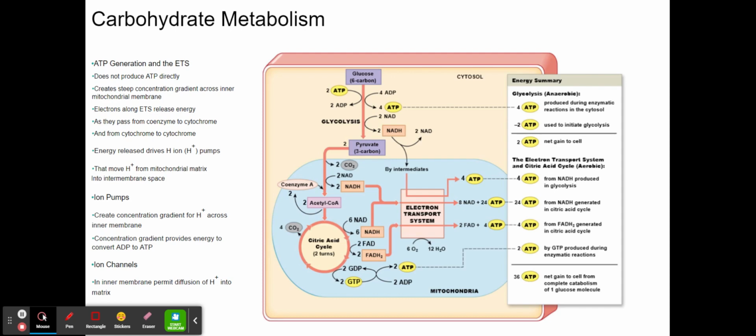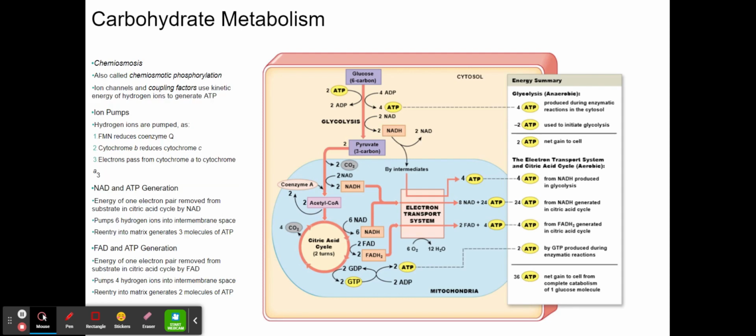The energy released at each of the several steps drives hydrogen ion pumps. These pumps move hydrogen ions from the mitochondrial matrix into the space between the inner and outer mitochondrial membranes. The pumps create a large concentration gradient for hydrogen ions across the inner membrane. This concentration gradient provides the energy to convert ADP to ATP.